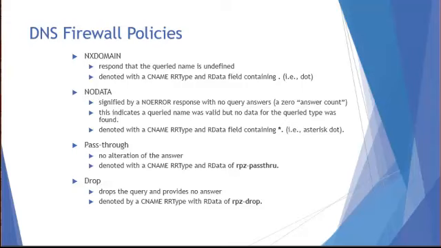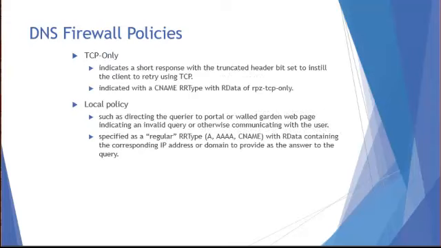There's no response given. The TCP only, this basically sets the truncated bit in the DNS header to instruct the client to retry using TCP. And then local policy. This we saw in the earlier example, where you can basically rewrite the answer into a local IP address, so that you can redirect that client accordingly.